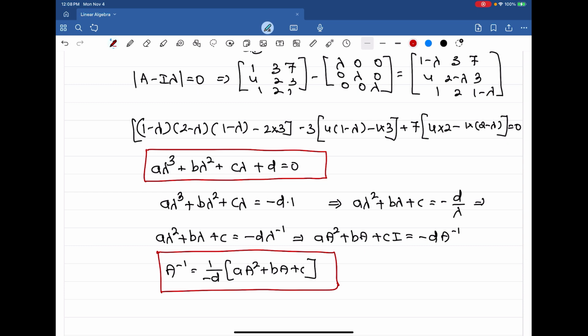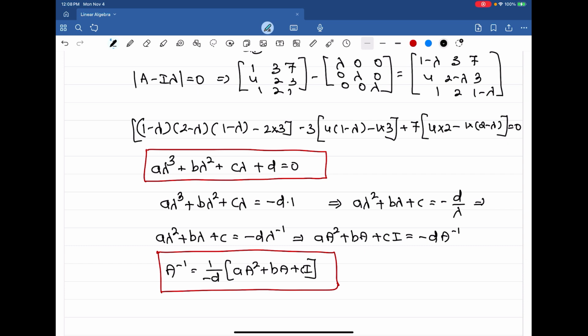If you know the characteristic equation, from that also you can find out the inverse of a matrix. This is also another way. Previously we have done it with elementary row operations and column operations. Now we are able to find out the inverse from the characteristic equation.